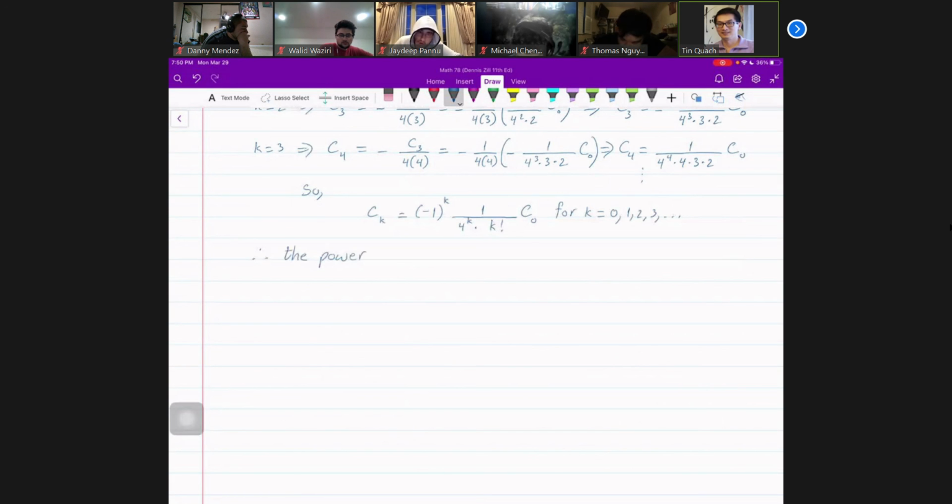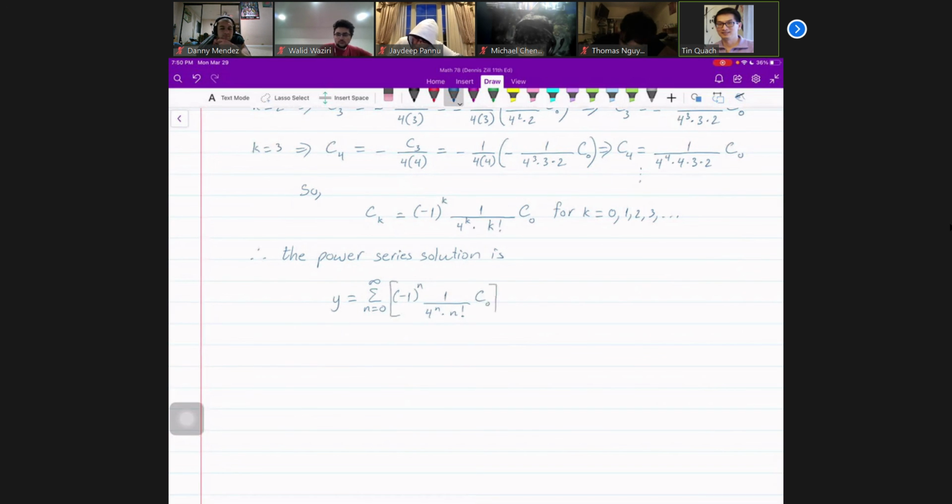All right. So therefore, once you have that, the power series solution is y equals. So since we use n, C sub n is actually (-1)^n, and then that is your C sub n, and then x to the nth power.